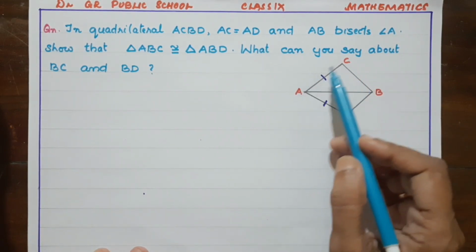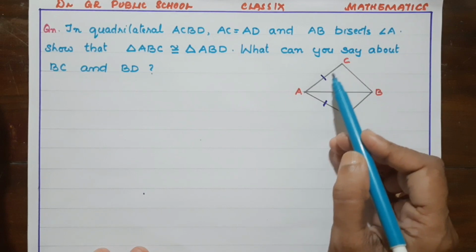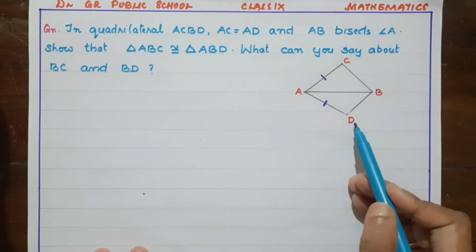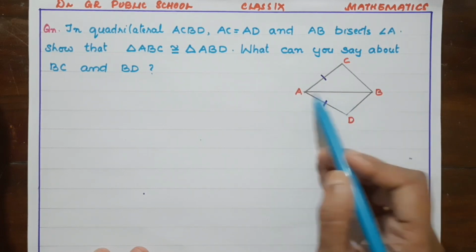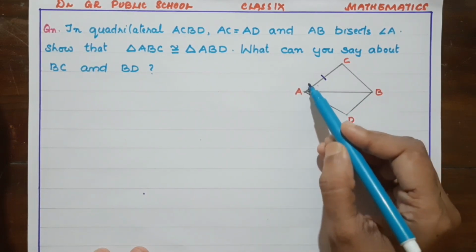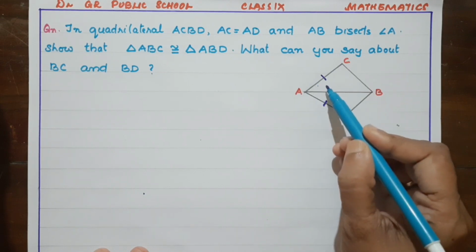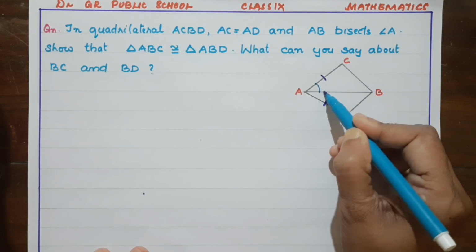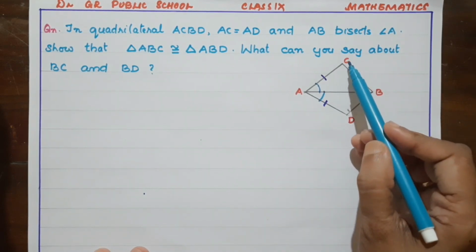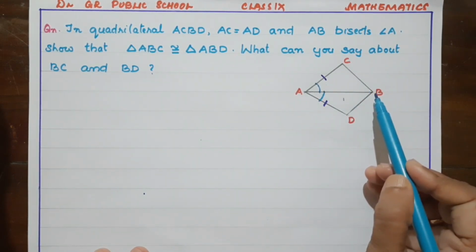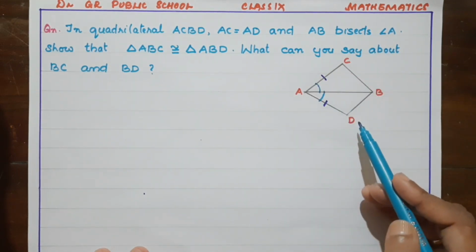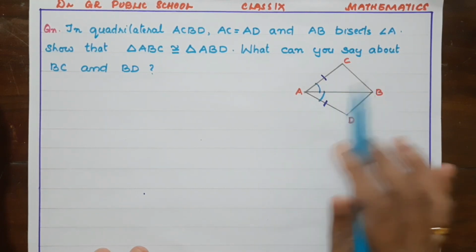So, AB bisects angle A means angle CAD is angle A, and AB bisects it, so the total angle is divided into two equal parts. So we can say angle CAB and angle BAD are equal. Okay, this much is given.